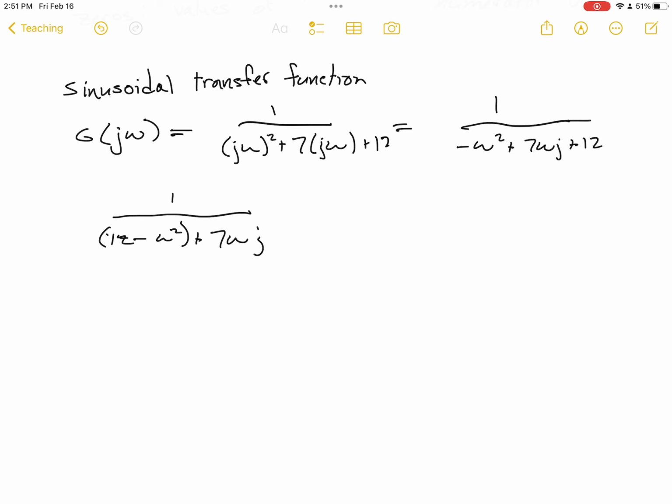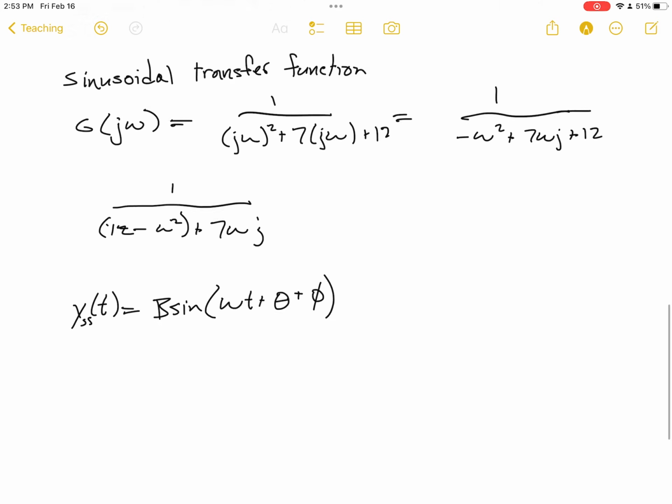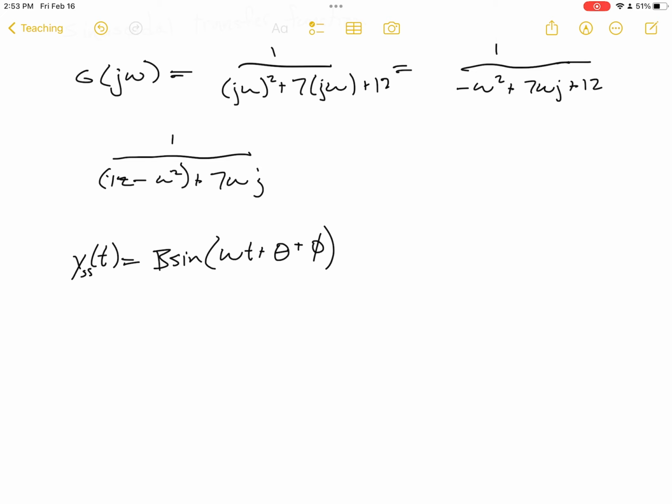forced system. So if we recall, y steady state of t is going to be equal to b times sine of omega t plus theta plus phi. And in this case, b is the magnitude of the response, the amplitude of the response.